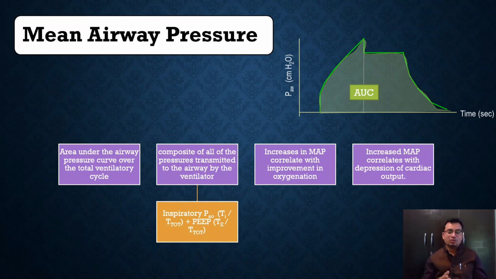Keep your circulatory volume optimized in cases of higher mean airway pressure, and if it is causing hypotension, decrease it for some time till hemodynamics is optimized. So how can you decrease the mean airway pressure? By obviously decreasing the volume or decreasing the pressure in volume control or pressure control modes respectively.